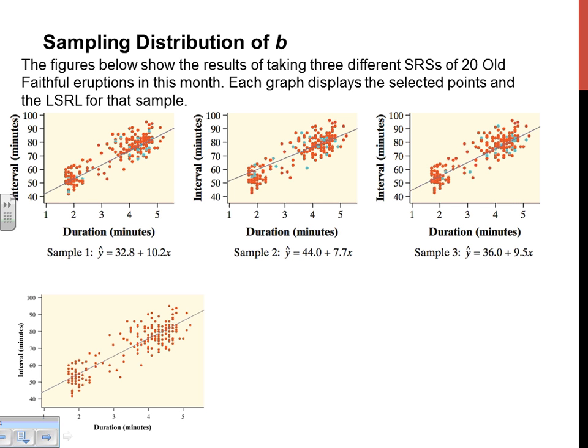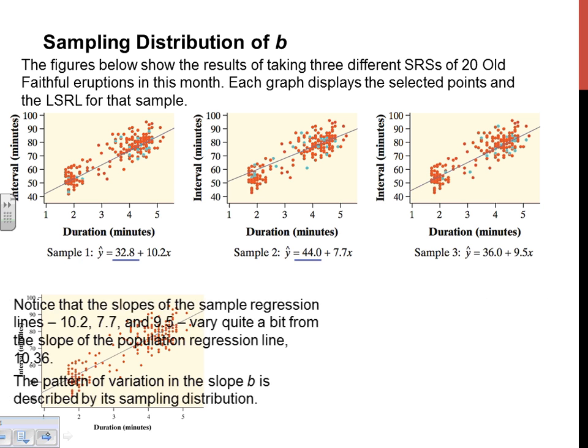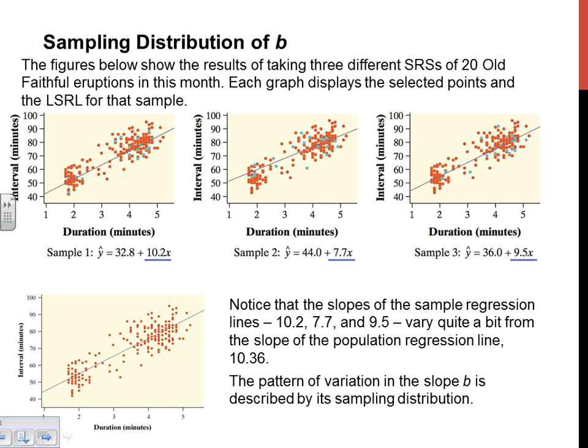It looks like they put them in blue. So what do you notice? Notice that the slopes of the sample regression lines, 10.2, 7.7, 9.5, vary quite a bit from the slope of the population regression line, 10.36.